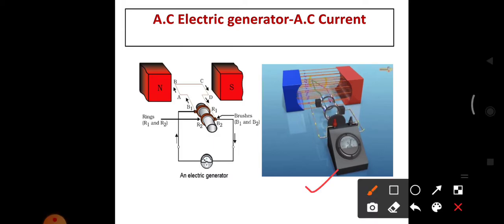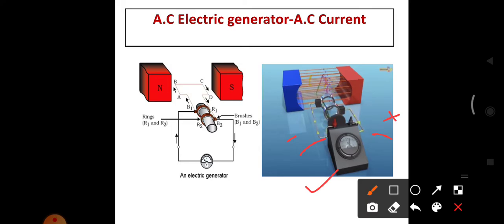When the coil is rotating in the magnetic field, the galvanometer shows deflection. So from this deflection we can understand that current is produced in the coil. And see the direction of the deflection of the galvanometer. It deflects this side and also that side, left and also right. So the plus side and minus side.